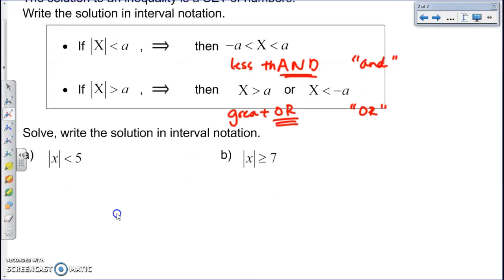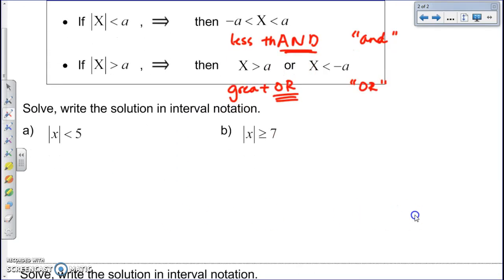So let's solve these and write the solutions in interval notation. So here we have less than. So x will be between two given numbers. X could be between the negative number that they give us, and the positive number.